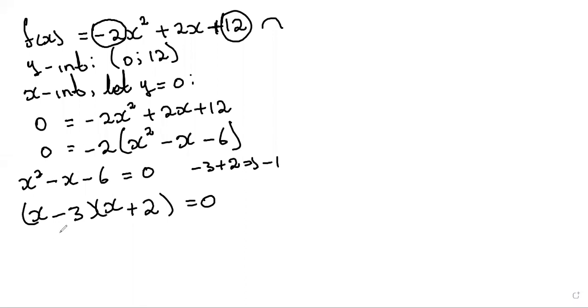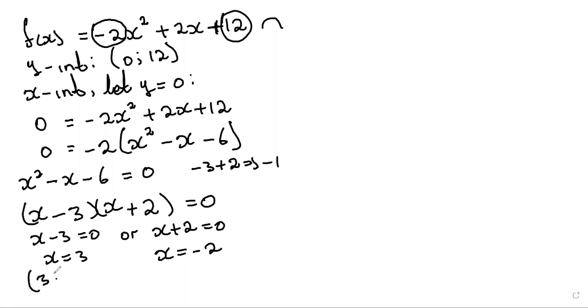So we say x minus 3 is equal to 0, implying that x is equal to 3. Or we are saying x plus 2 is equal to 0, meaning that your x will just be negative 2 like that. So if we want to write our x-intercepts in coordinate form, then you'll say x is going to be 3, where y is 0, and x will be negative 2, where y is going to be 0.